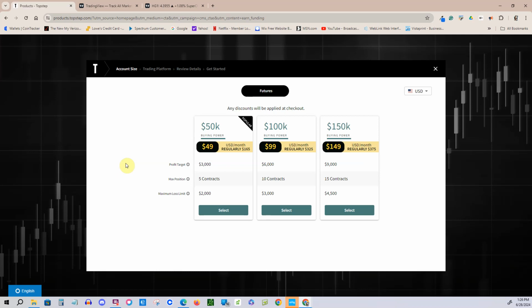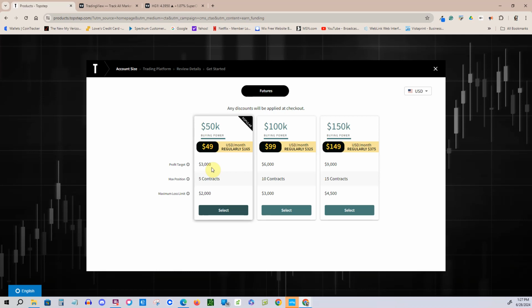If you hit the profit target, you see here, profit target of 3,000, then you pass the evaluation, and then they provide you with a $50,000 account that you can earn money on. Doesn't mean you can keep $50,000. It gives you $50,000 worth of buying power so that you can get into the markets and trade.